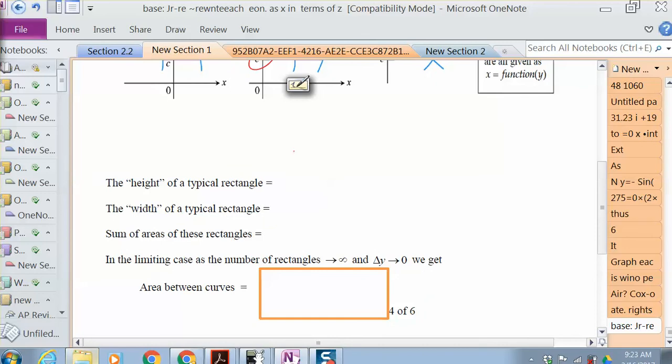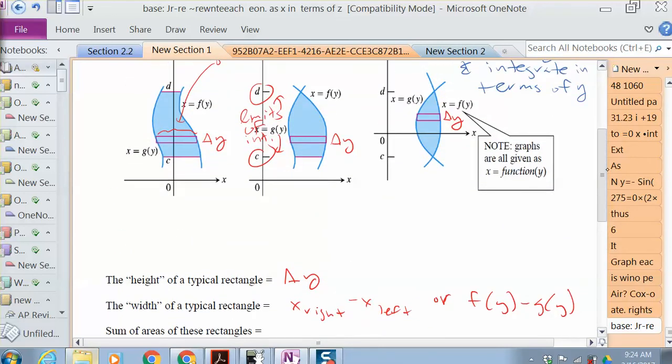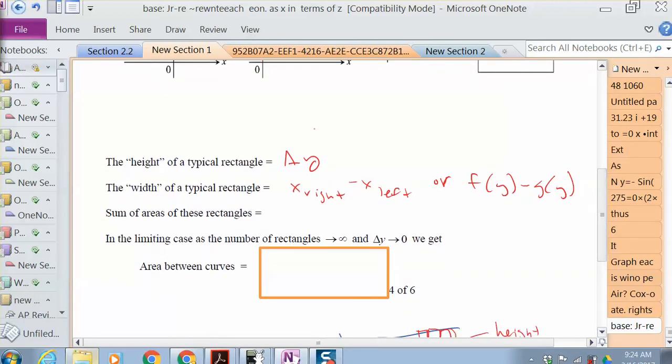So the height of your rectangle is now delta y, and the width is basically x right minus x left. Or another way you could write it is f of y minus g of y, because you're going to rewrite these equations so that x is in terms of y. So the sum of these rectangles, as sigma notation, is just going to be f of y minus g of y times delta y.